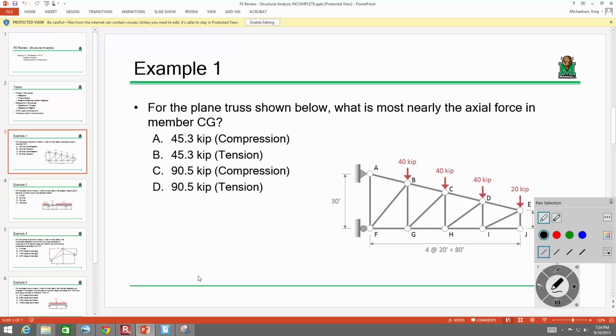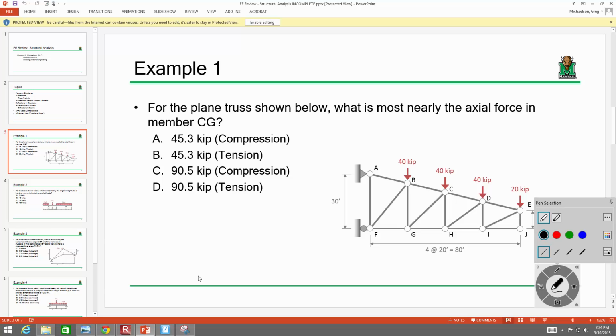What did we assume for all of our forces? That they were in tension. So when it came out negative, compression. Okay, so we know it's in compression. And the number we just got was 64, right? Which means it can't be 45.3. So from a strategy standpoint, we could stop right now, couldn't we? What's our answer? It's C, right?